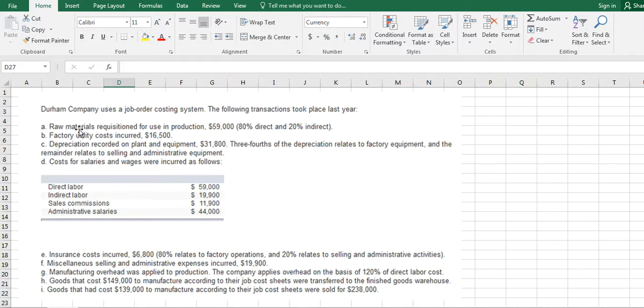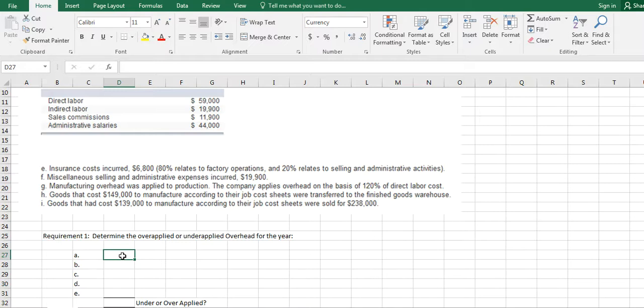So up here on letter A, it says raw materials requisitioned for use in production. It tells us there that 80% of that cost is direct and 20% is indirect. So we know that 20% of that $59,000 has to do with our indirect cost.